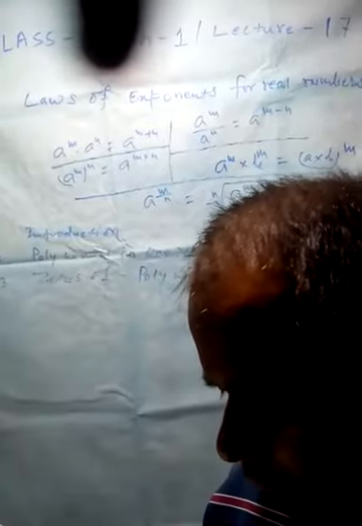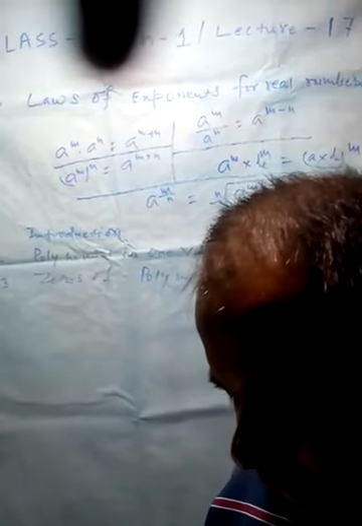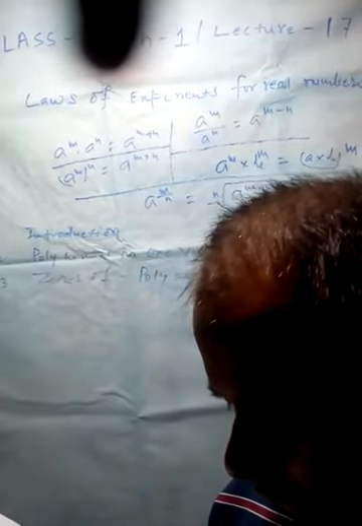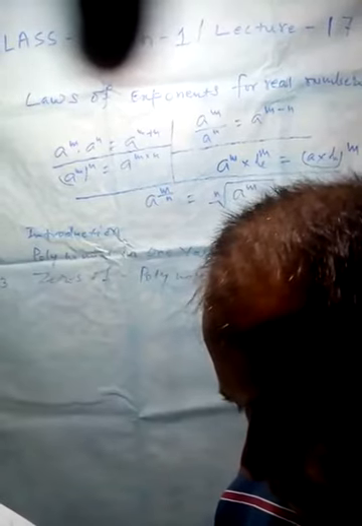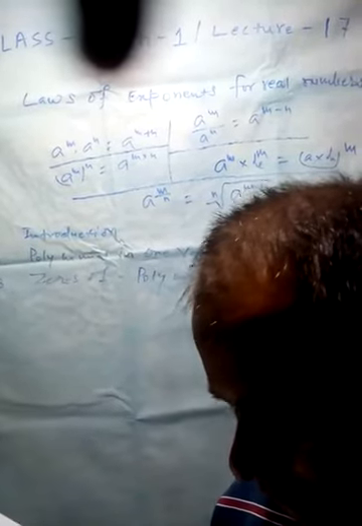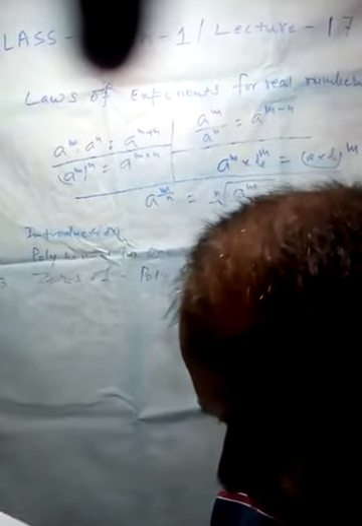We now have the following extended laws of exponents. Let a greater than 0 be a real number, and p and q be rational numbers. Then we have: a to the power p into a to the power q is equal to a to the power p plus q. a to the power p by a to the power q is equal to a to the power p minus q.